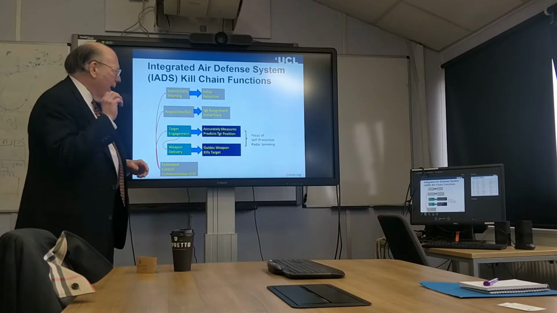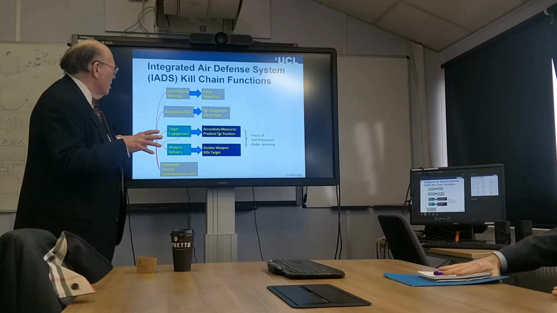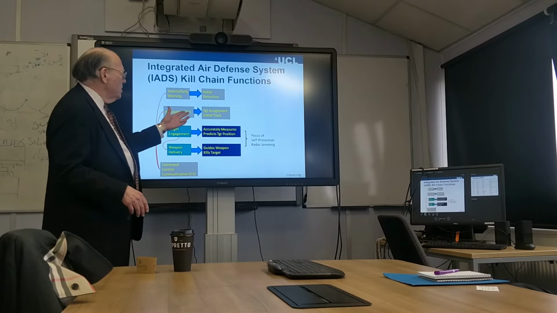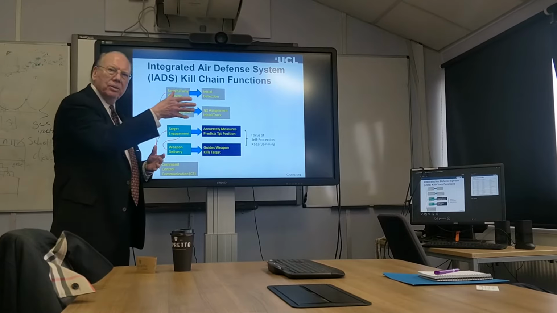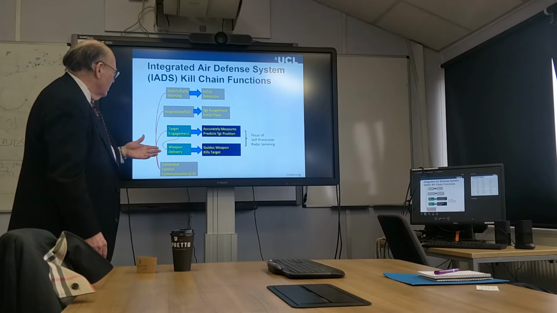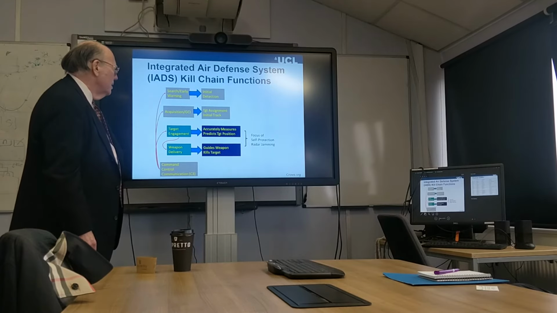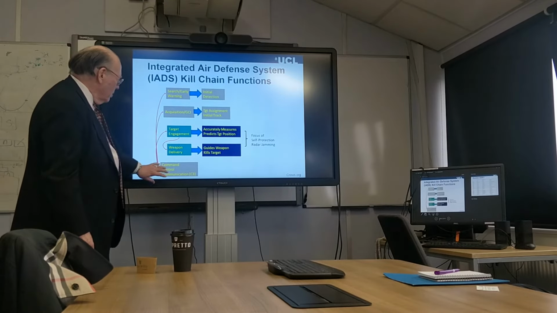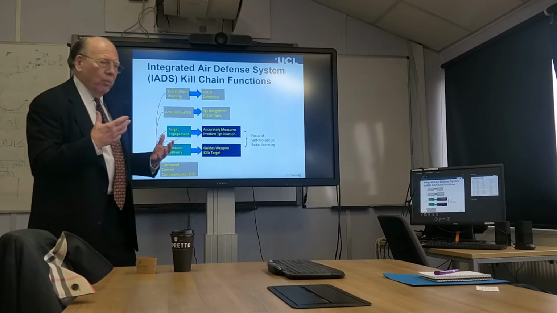Acquisition radars will hand them off to SAM systems and other kinds of ground-based systems. And then the GCI, or ground control intercept, will vector a fighter into that attack formation. Then there's target engagement and weapons delivery, and this is all controlled by this command, control, and communications network.